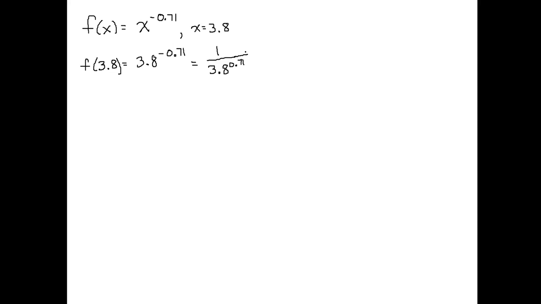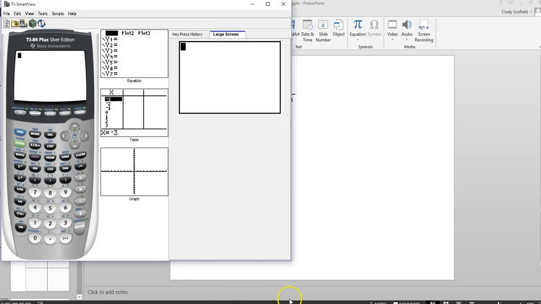There's all kinds of tables you can use, and there's techniques, but we don't need to worry about that for this class. What we can do is go ahead and put it into a calculator. Okay, so in the screen here, we can say 1.2, and then for the exponent, use this little caret symbol. And then I'm going to put it in parentheses just to make sure everything is clear. Oh, not 1.2. Sorry about that. I keep glancing at the wrong problem. 3.8 raised to the negative 0.71.